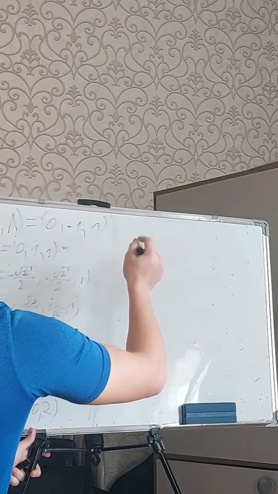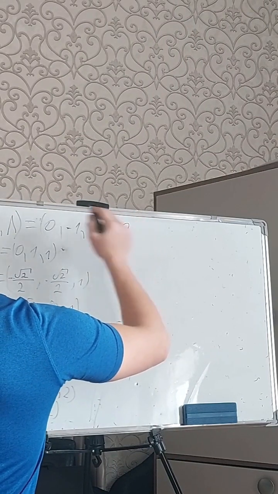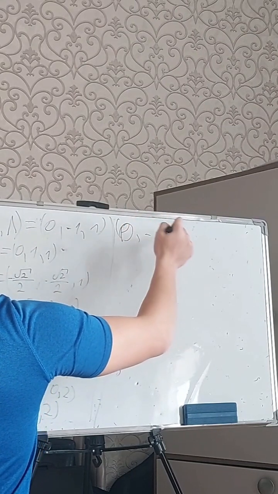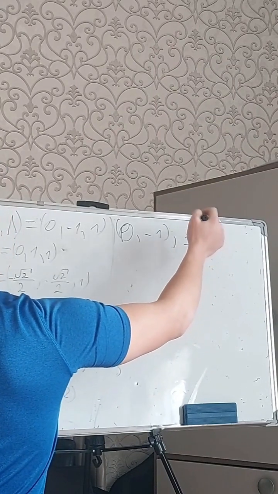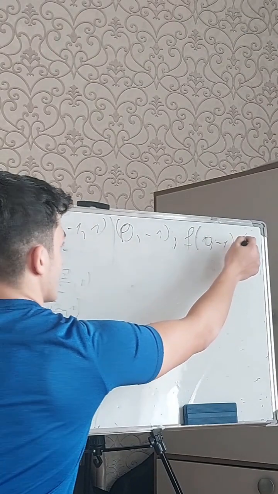At the point 0, negative 1, the function f(0, -1) equals 1.